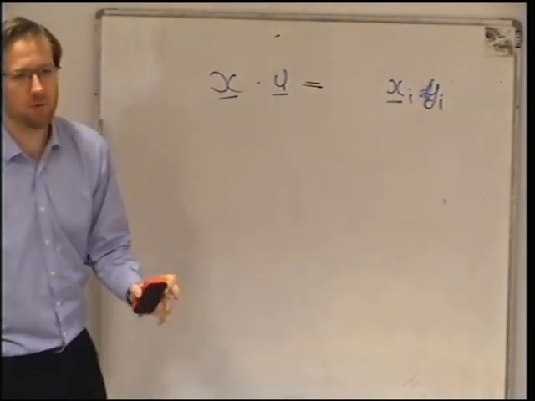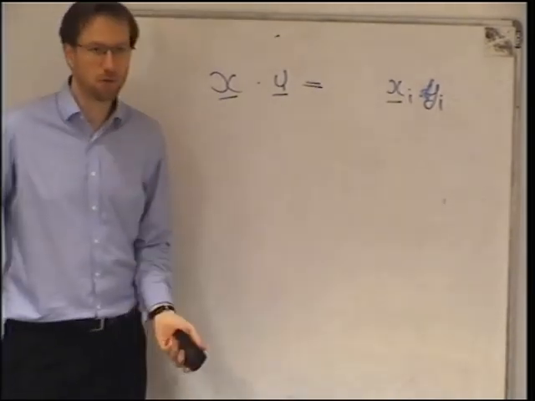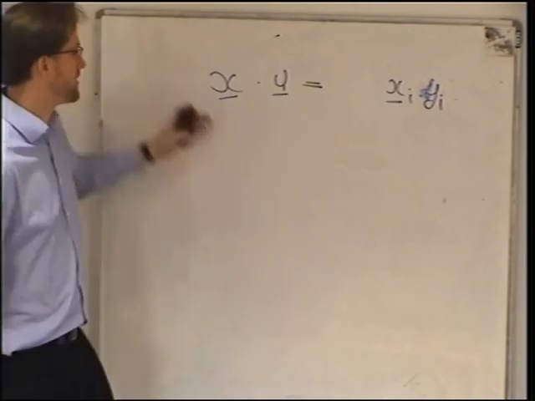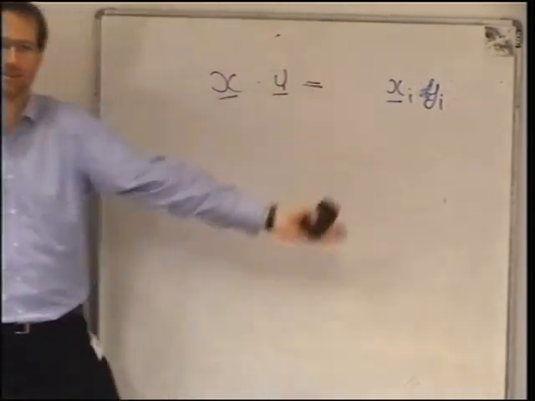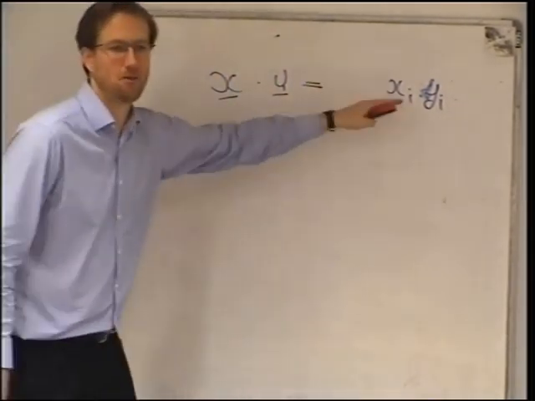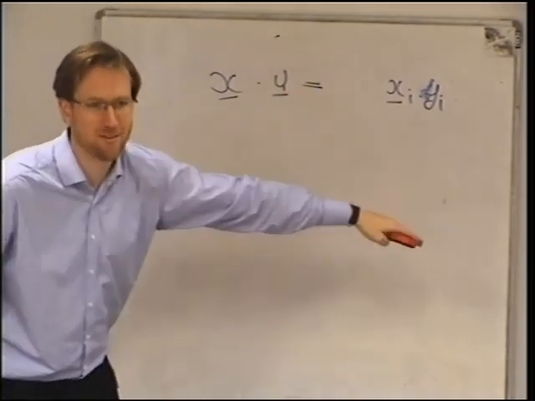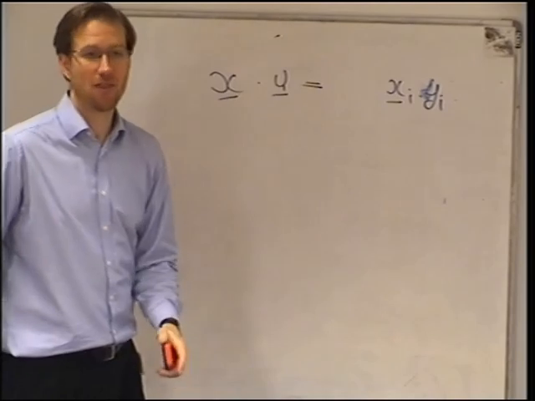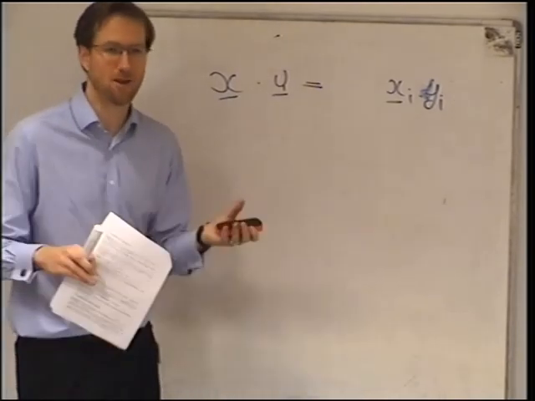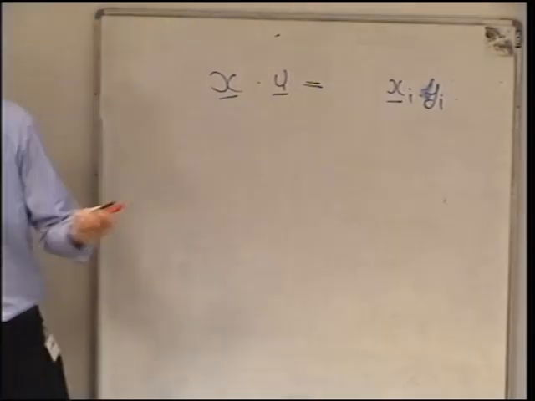So what do we do? We do the only trick that mathematicians know. We attempt to take this operation and abstract it. And we say, what is it about this operation which makes it a dot product? And then we will try to make operations like that on other vector spaces.